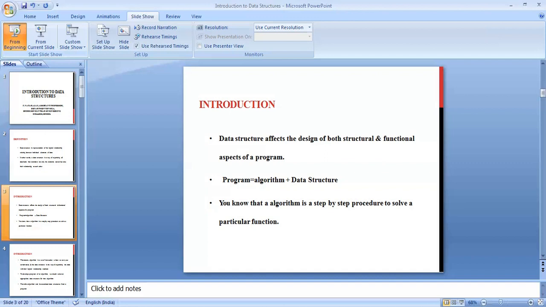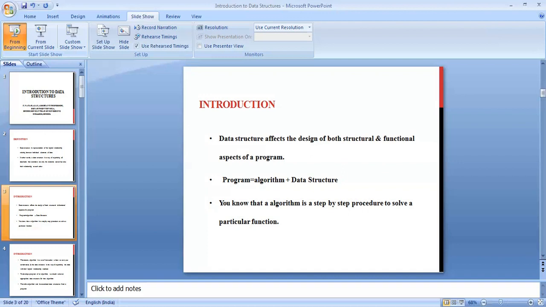See this non-primitive data structure, that is linear list and non-linear list. Again, the non-primitive data structure is divided into two subtypes. Under the linear list, array is there, linked list is there, stack and queue. So the linear list is divided into four: array, linked list, stack, queue.